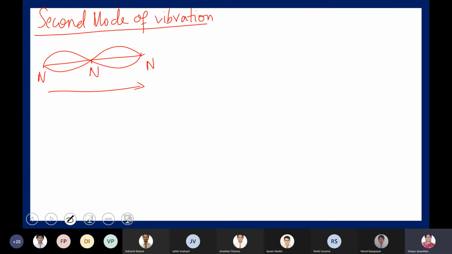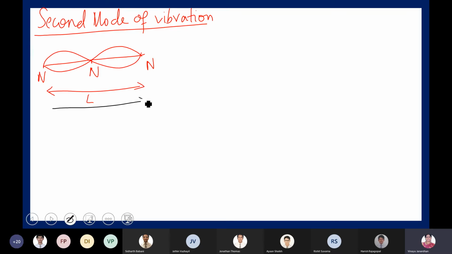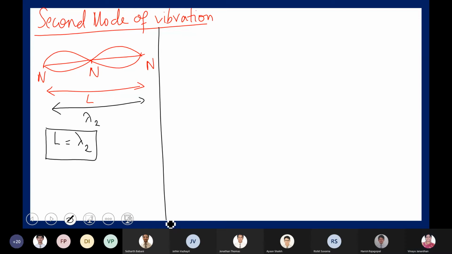So what is the distance? Distance is L, but what is the distance in terms of wavelength? That will be lambda 2. So L becomes equal to lambda 2. Correct, boys? L is equal to lambda 2.